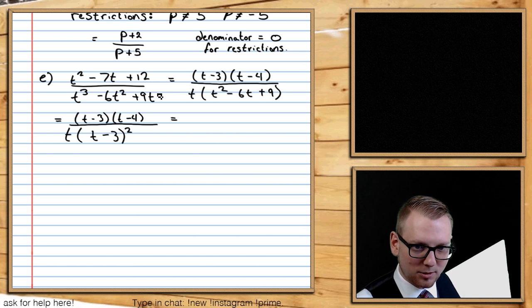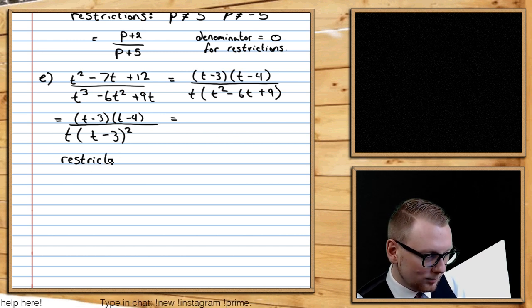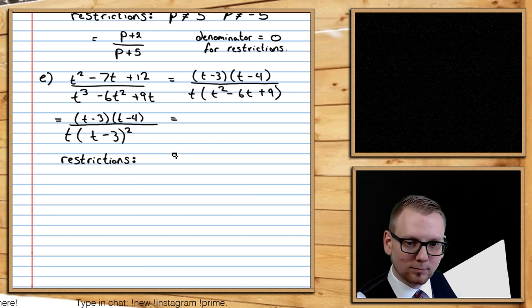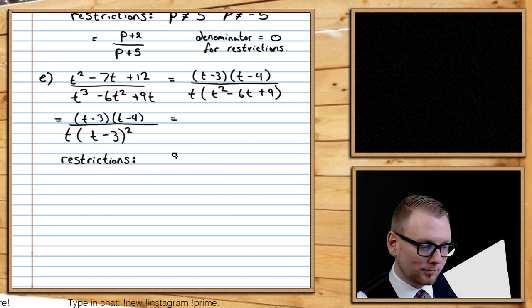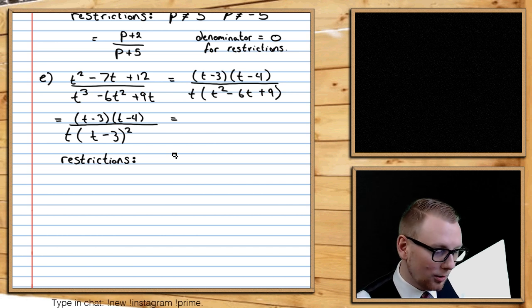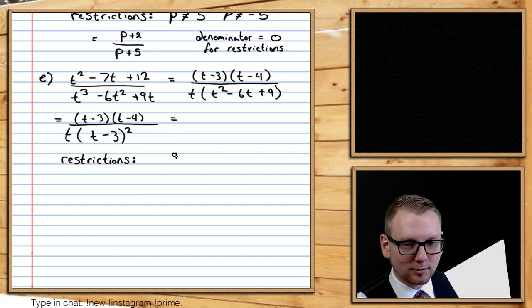Okay, what's the restrictions? The 4 has nothing to do with it. Remember, it's only the denominator equal to 0, not the numerator. Try the restrictions again.